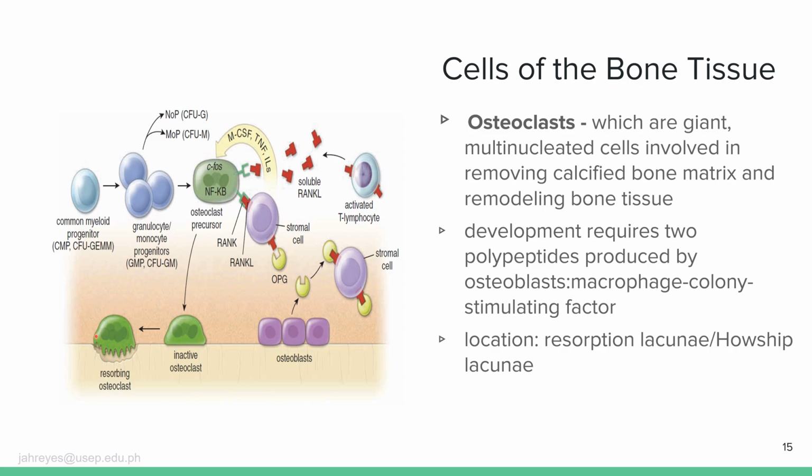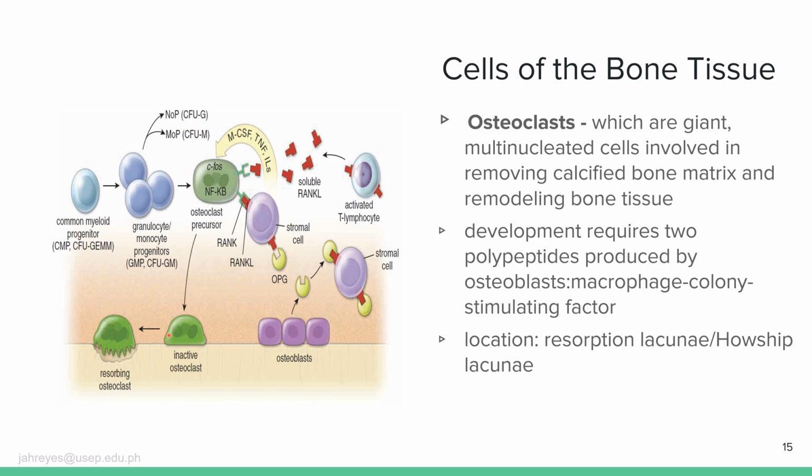They also show a strong chemical reaction for acid phosphatase because they have lots of lysosomes inside. That's why we use the enzyme tartrate-resistant acid phosphatase as a marker for osteoclast activity and their differentiation.